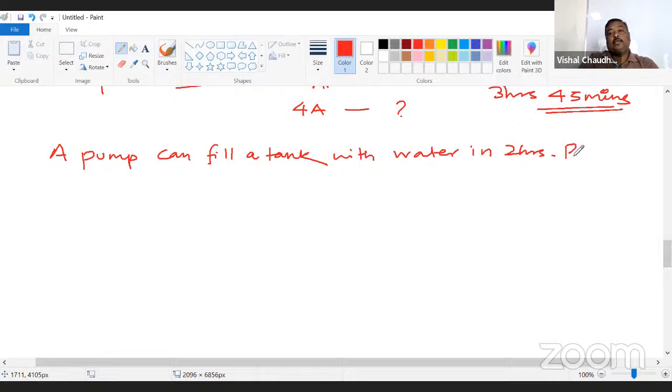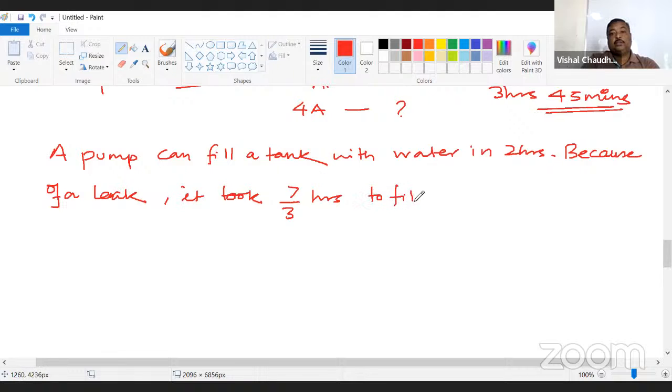Because of a leak, it took 7/3 hours to fill the tank.